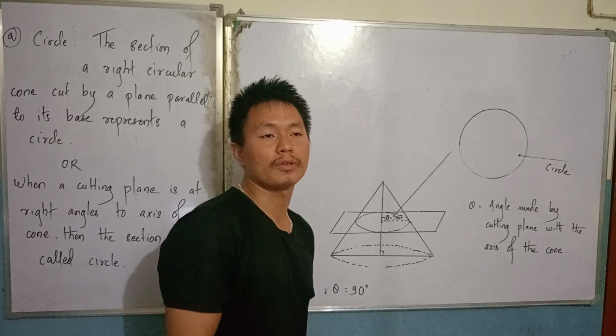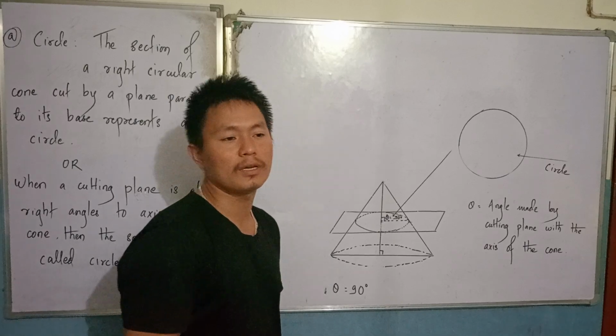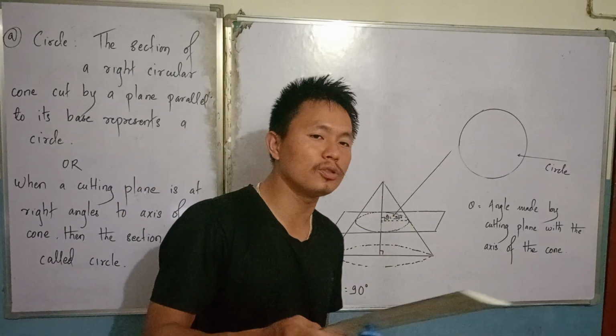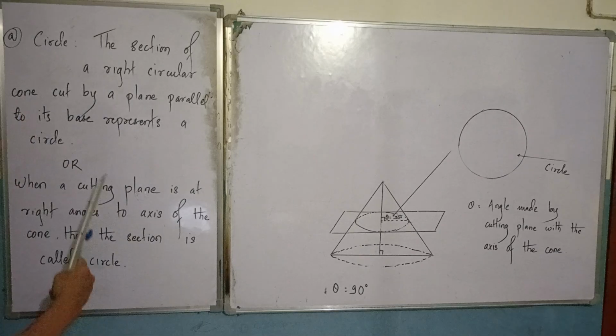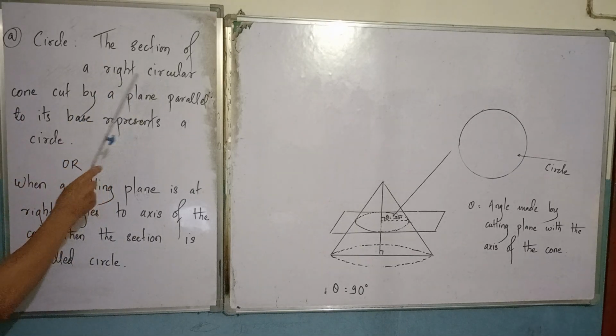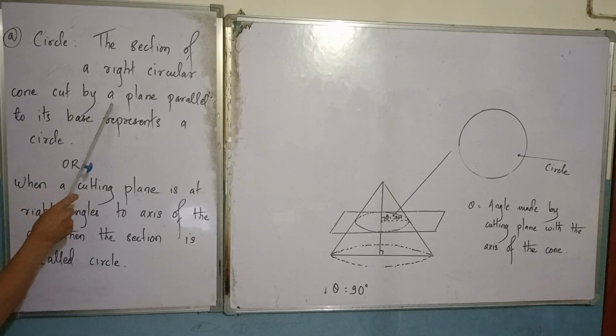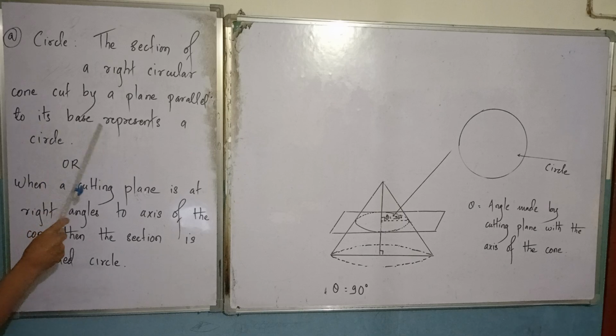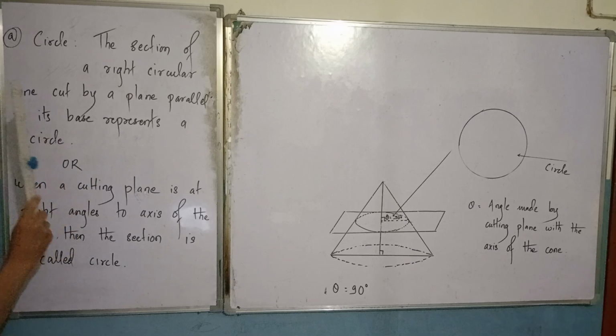So what are conic sections, and how do we define the circle in the conic sections? You have to address this definition here. The section of a right circular cone cut by a cutting plane parallel to its base represents the circle.